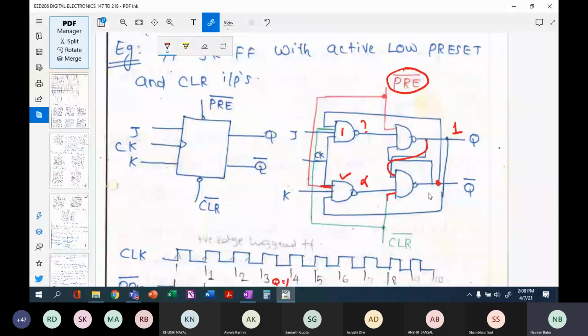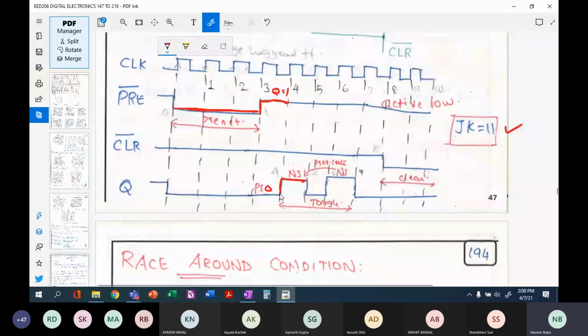This alters gate number 3 again, and this will again go to 0. This feedback again changes this value to 1, and this 1 will again change this gate value to 1. So there is a toggling taking place between 1 and 0 till there is an external input from the clear.